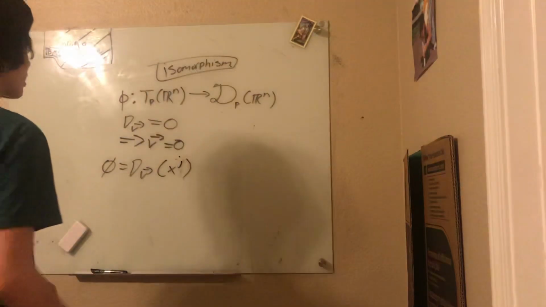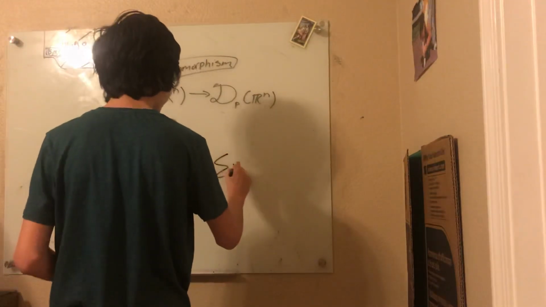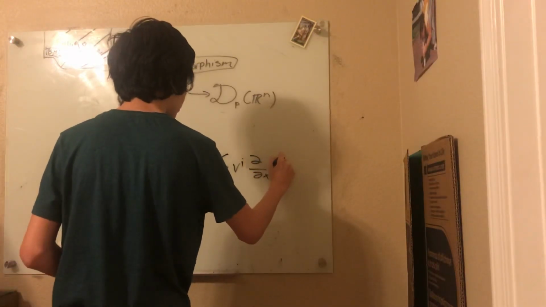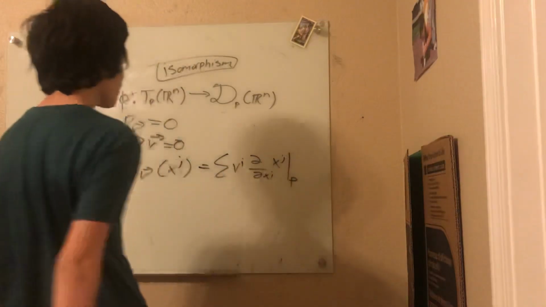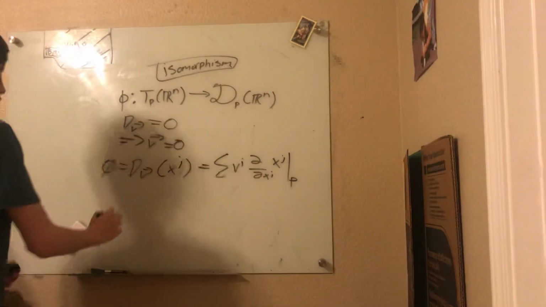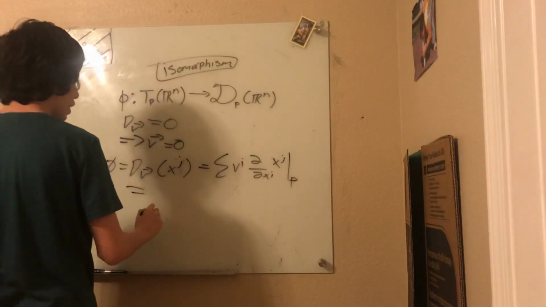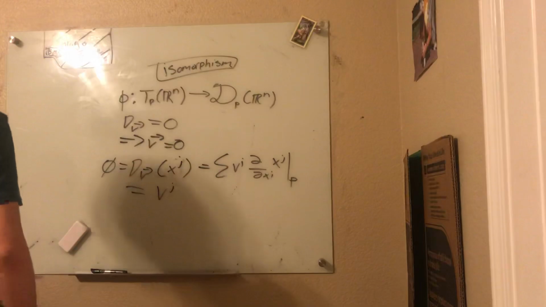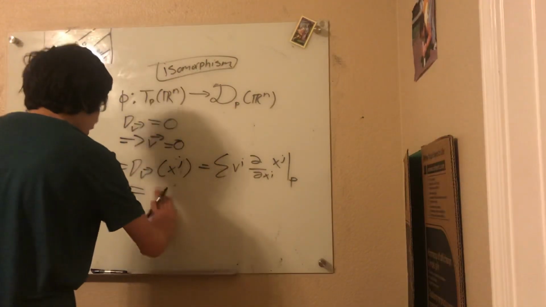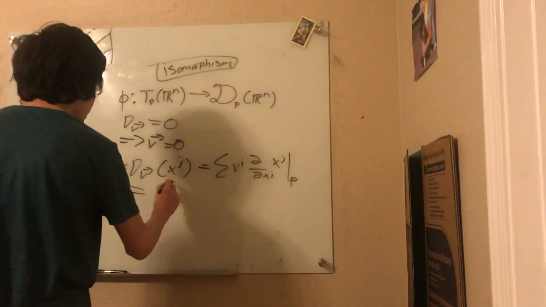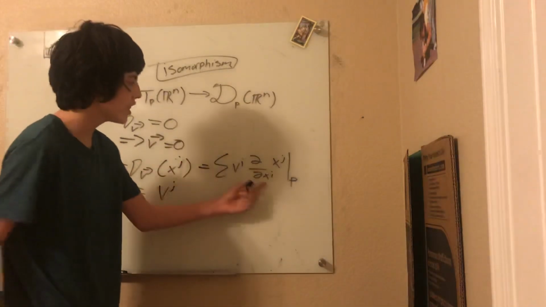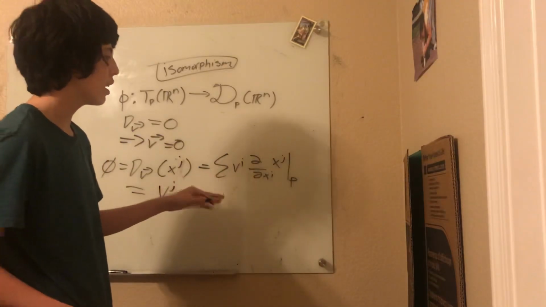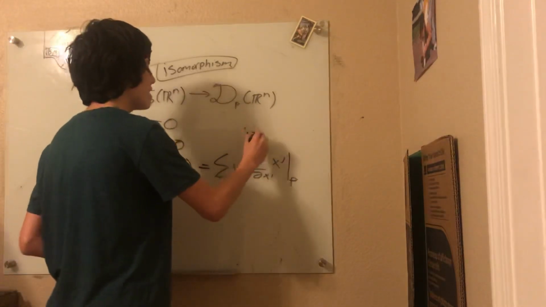Which is then going to be equal to the sum of v^i times the partial derivative of x^j with respect to x^i, which is then just going to be equal to v^j.